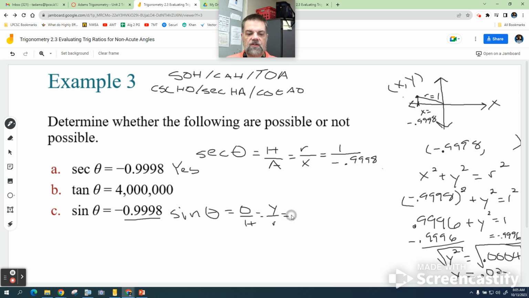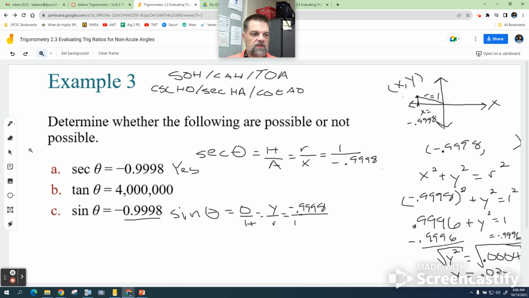And on the unit circle, r is 1, right? For y, we get negative 0.998. Okay, so that would be a different scenario, and I'll just sketch that over here.